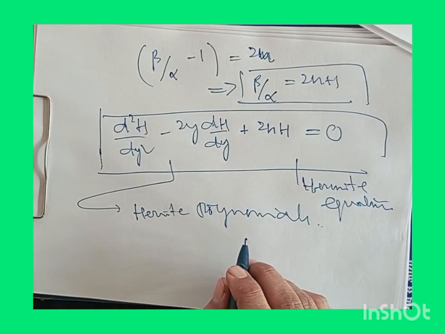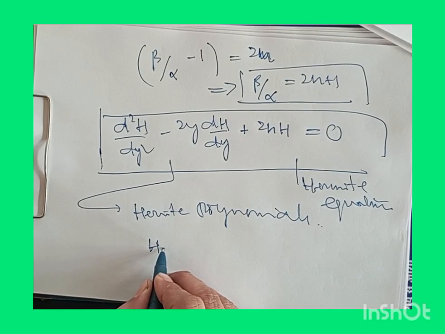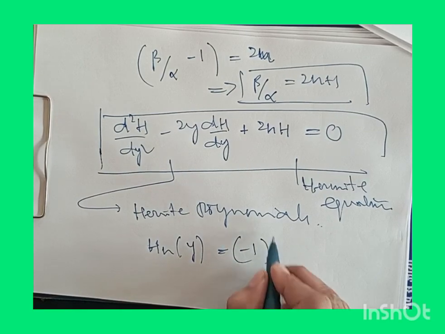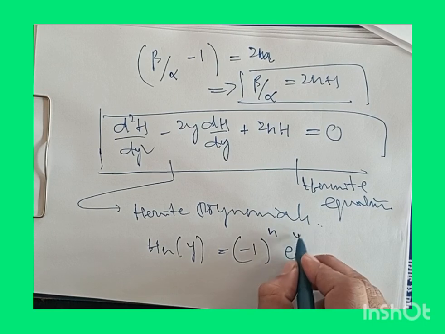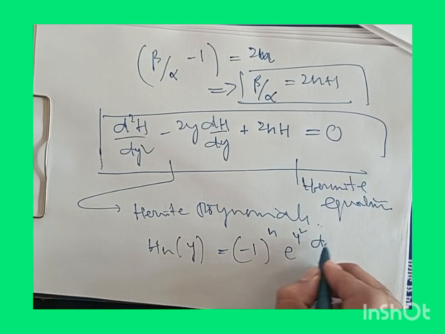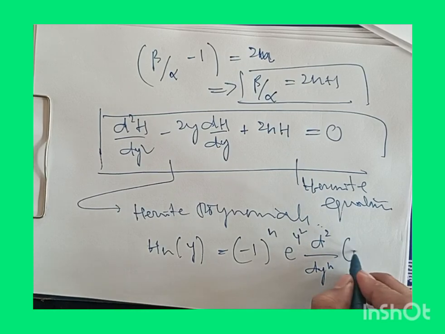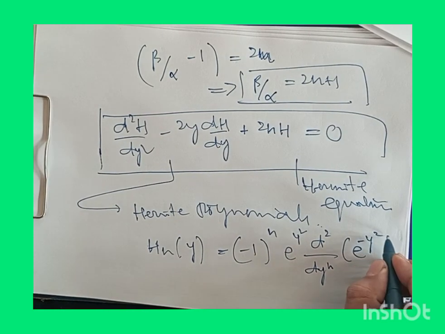And the generating function for Hermite polynomials is Hn of y is equal to minus 1 whole to the power of n, e to the power of y square, d raised to the power n by dy raised to the power n, times e to the power of minus y square.